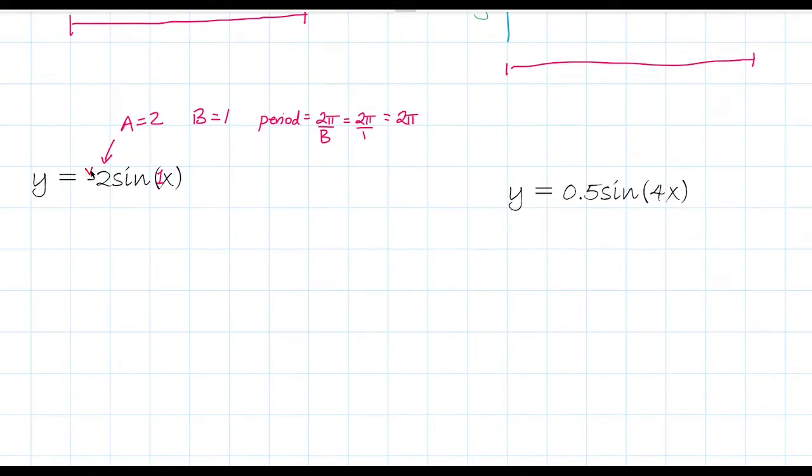And what this negative tells us is that we will get a reflection about the x-axis. So what that means is our graph will be vertically flipped. So let's draw that.